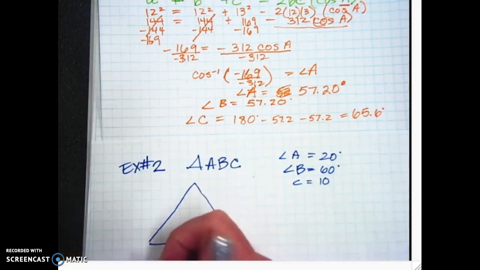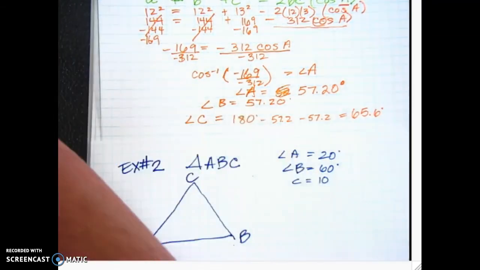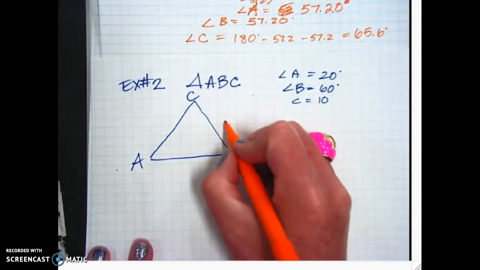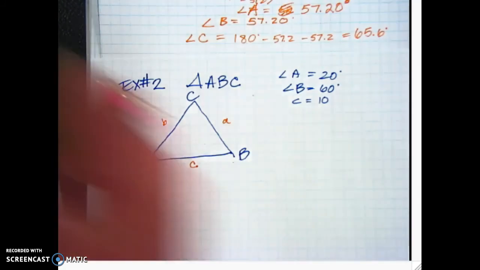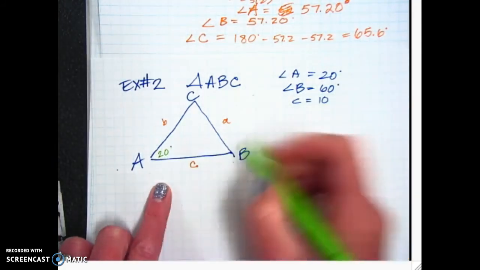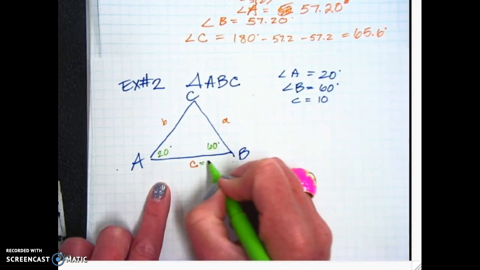So let's go with ABC, which makes their opposite sides little a, little b, little c. And then angle A is 20. Angle B is 60. And side C is 10.